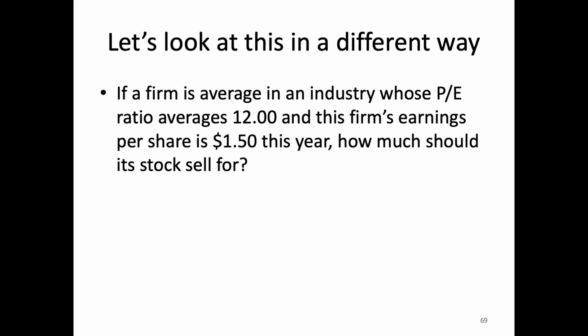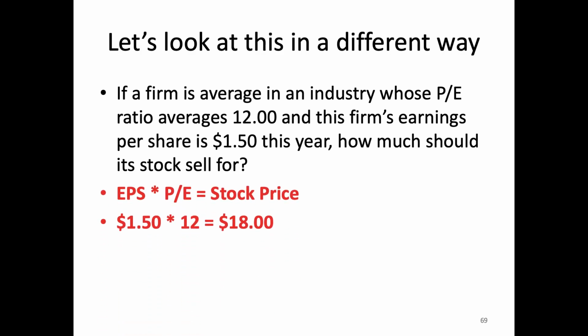So you take 12 times $1.50 and you get $18. And so it's a way to value stock. You take the earnings per share times the PE ratio that's average in the industry. Maybe if the company is a top player in the industry, you would take the PE ratio plus like 10 or 20% because there should be more optimism for a firm that's a top player in its industry.